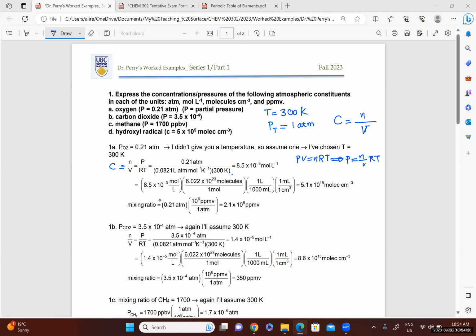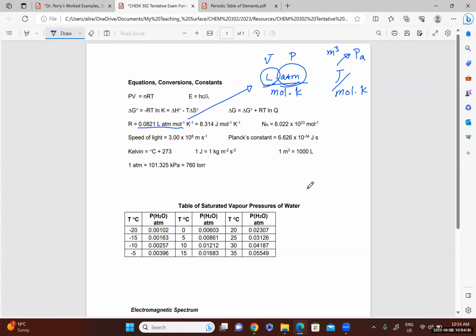This is exactly the same number here, so I just copied it down here. And then we can easily convert moles per liter to molecules per liter using Avogadro's number. Avogadro's number is here in the equation sheet. What is the meaning of that? It means that we've got 6.022 times 10 to the 23 molecules per mole of a substance.